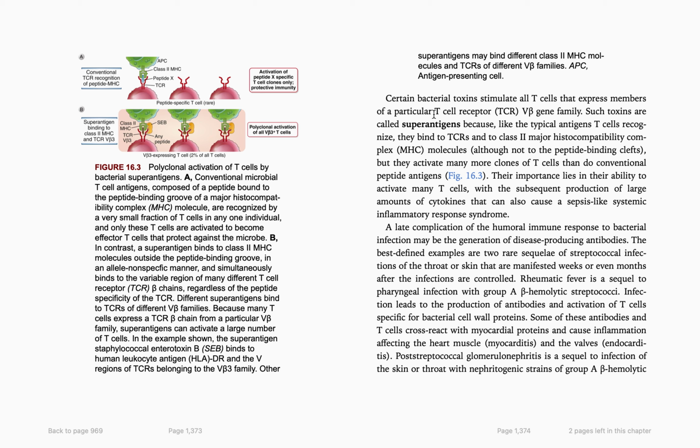Such toxins are called superantigens because, like typical antigens, T cells recognize them. They bind to the T cell receptor and to class 2 major histocompatibility complex molecules, though not to the peptide binding cleft, but they activate many more clones of T cells than do conventional peptide antigens.